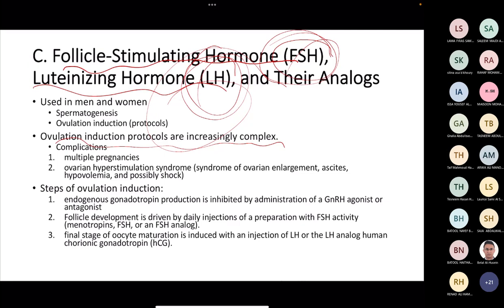But in the case of those programs I am telling you about, there can be stimulation of multiple follicles, and there can be stimulation of multiple ovaries. Normally one ovary is responsible for the activity per cycle. In the next cycle, the same ovary may take over or another ovary may become active. Okay.